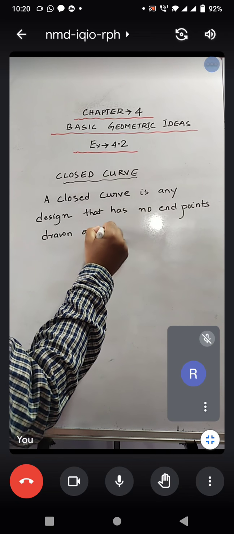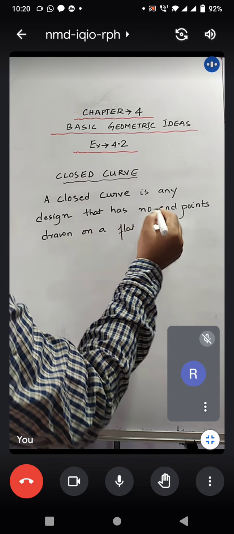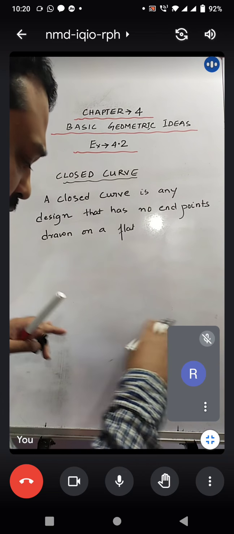Drawn on a flat surface means a page or anywhere which is flat.